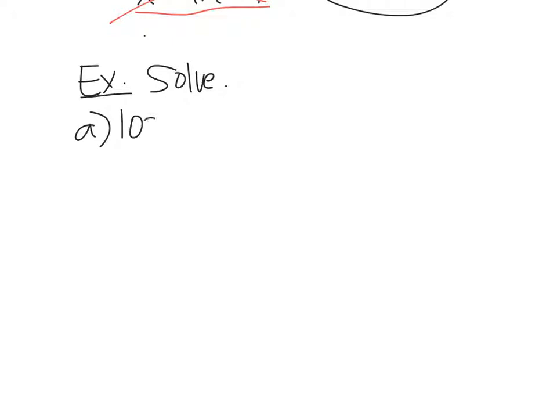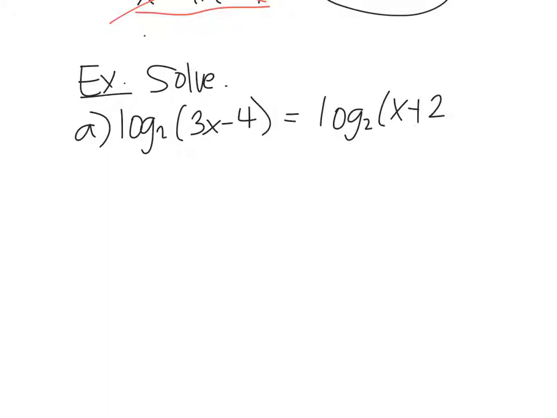I have log base 2 of (3x − 4) equals log base 2 of (x + 2). Since they're the same log base, and I just have one log equal to one other log, I can set the insides equal to each other and solve for x.